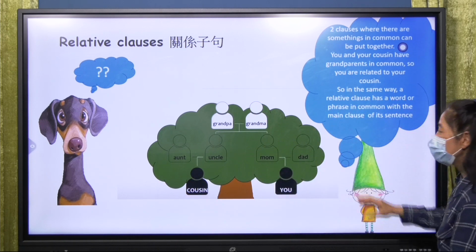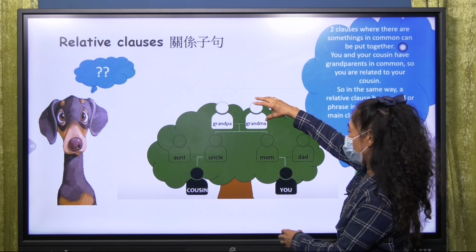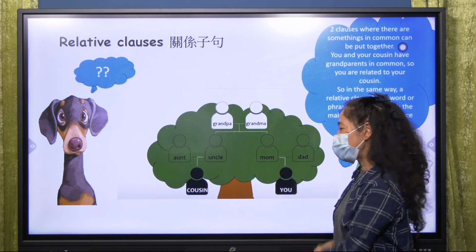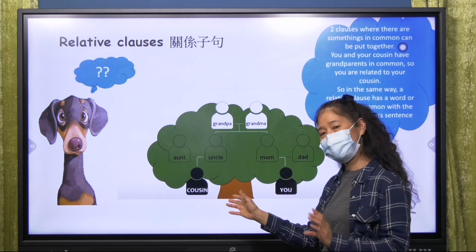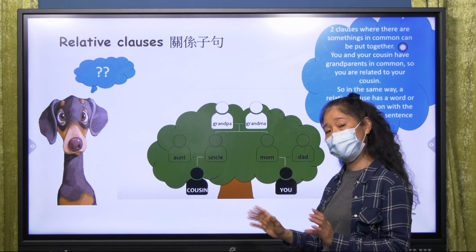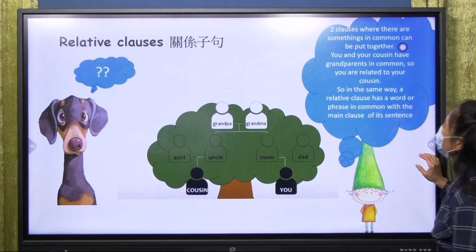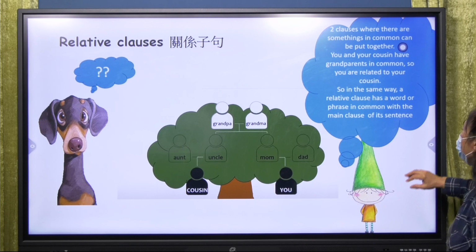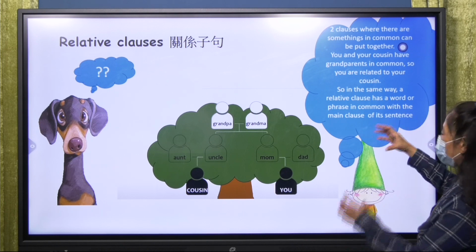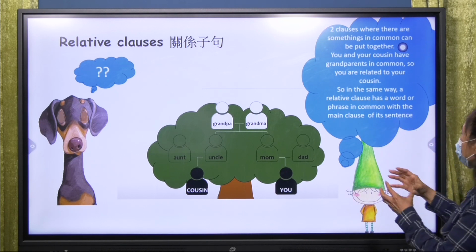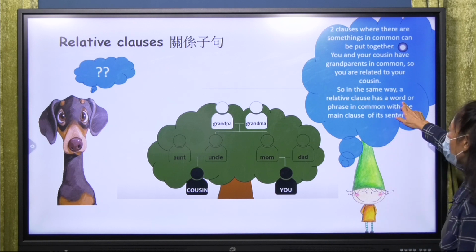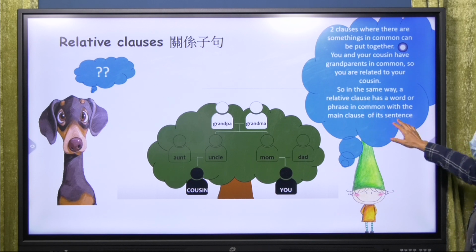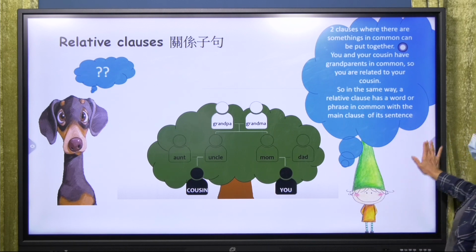So grandparents are common to both of you. It means that your cousin, to a certain extent, has some kind of relationship with you, right? So for some sentences, we can put them together because they have something in common, maybe a word or phrases in common with the main clause of a sentence.